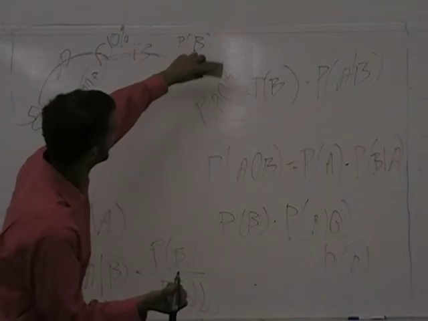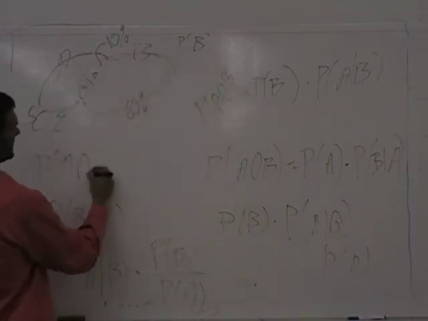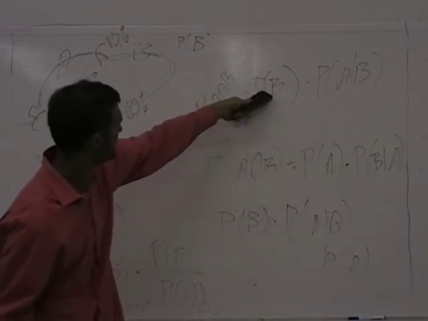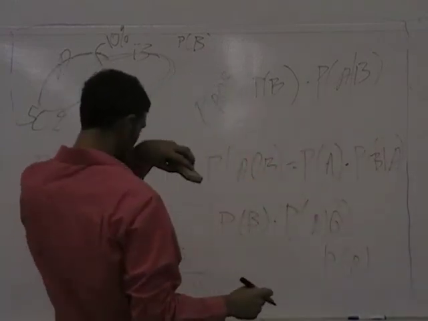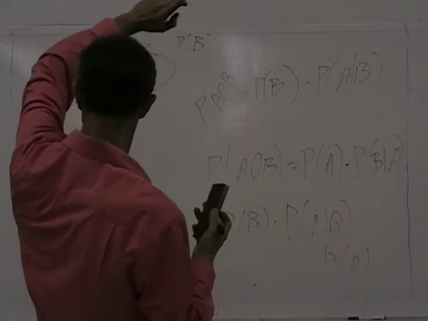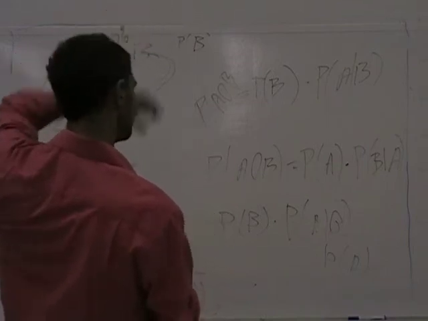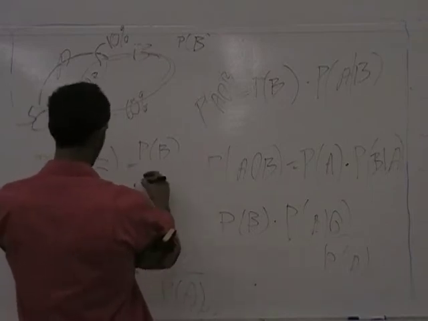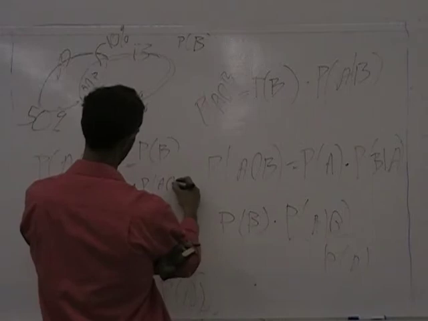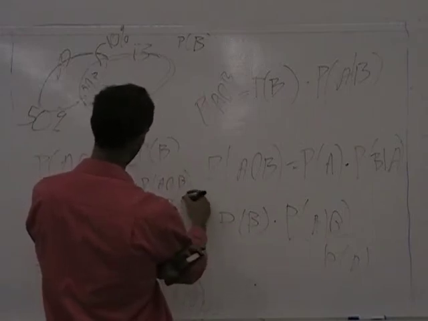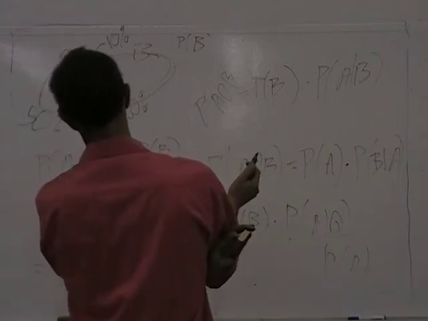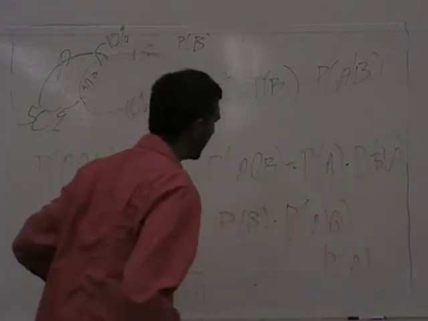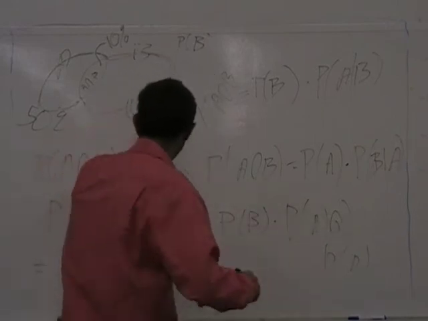Probability of A intersect B is probability of B times A given B. Probability of A intersect B divided by probability of B. That's not very nice.